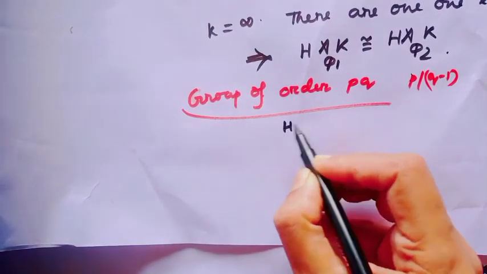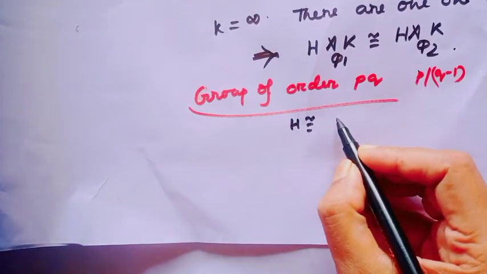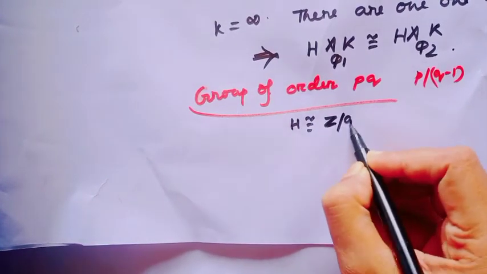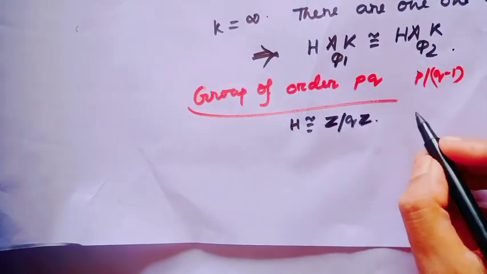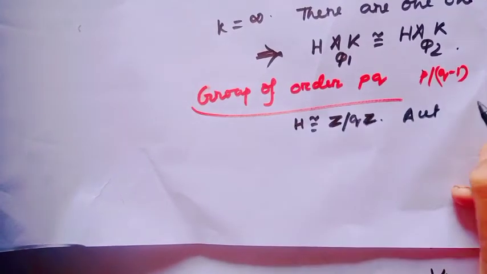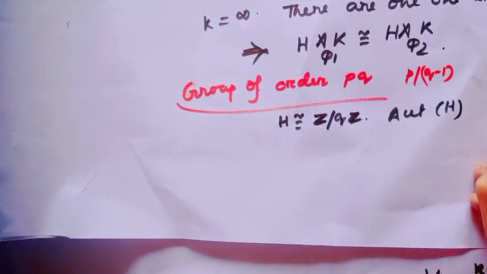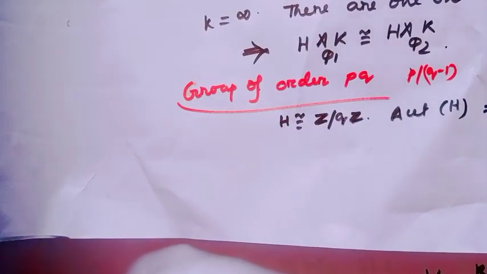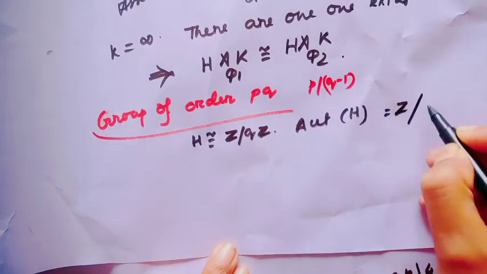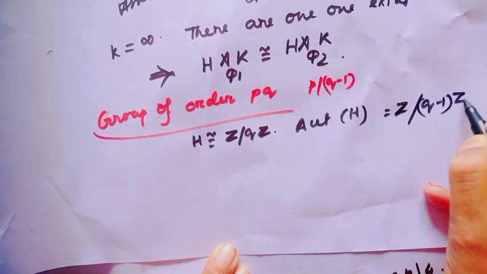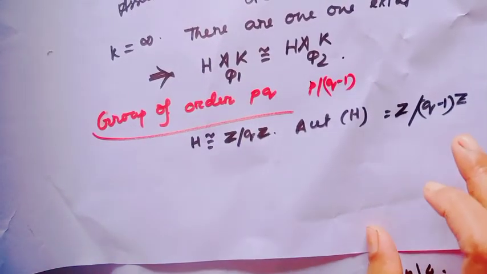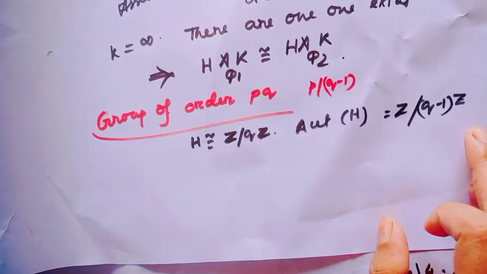Then S is obviously isomorphic to Z mod QZ, and the automorphism group of S is equal to Z mod (Q minus 1)Z. Okay? And this is possible because the group is cyclic.